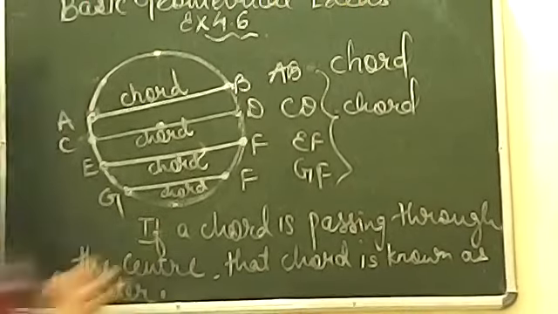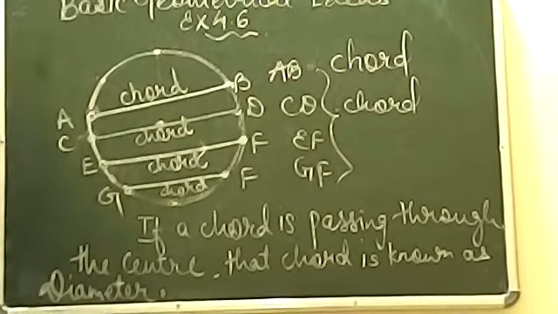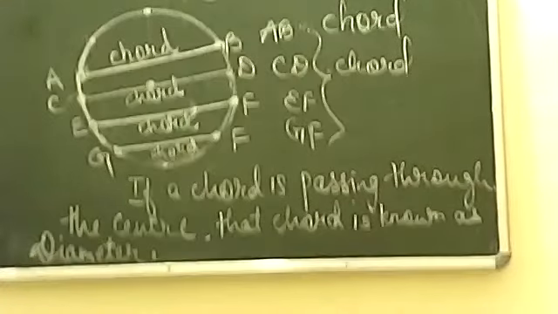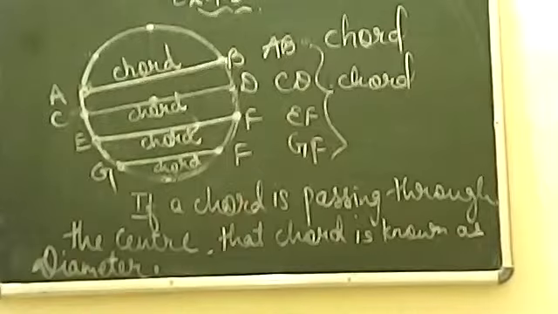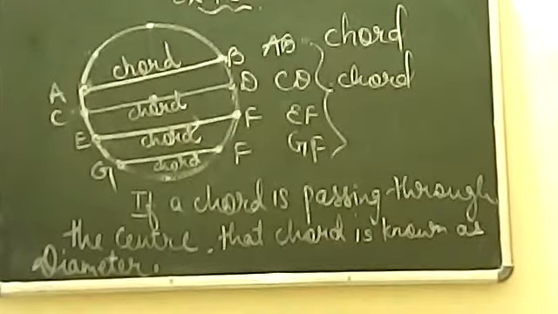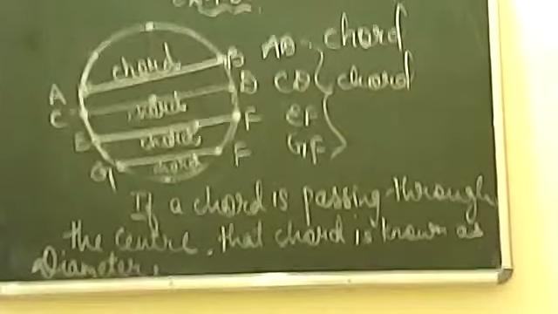D-I-A-M-E-T-E-R. I am going to show you the spelling in a proper way. Remember, अगर आपकी जो chord है, अगर वो center से होकर जाती है, तो that will be known as diameter. ठीक है? All are chords, बट यहाँ पर आपकी डायमीटर कौन सी कहलाएगी, CD.